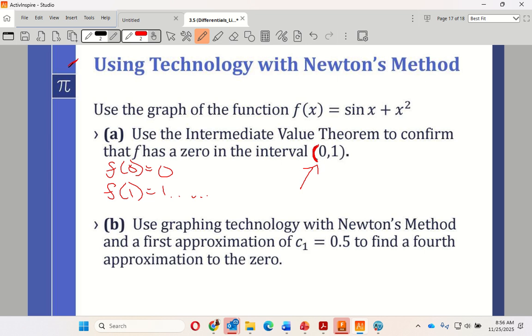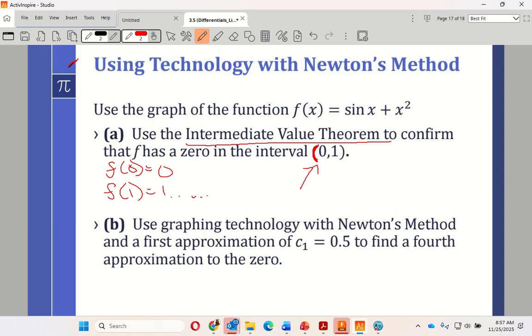How do you know it doesn't cross later on? Remember the chicken crossing the road? Yeah. Okay. I'm just using those 2 points.